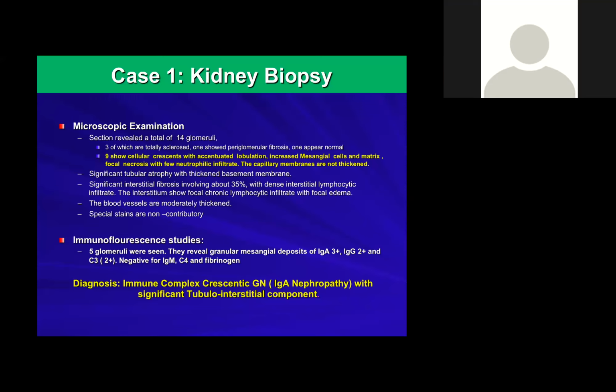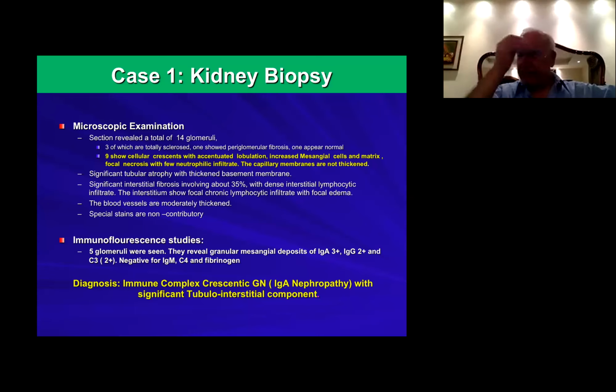The most common cause of glomerular disease is IgA nephropathy, and it is increasingly recognized as one of the common causes of unrecognized or undiagnosed end-stage disease.